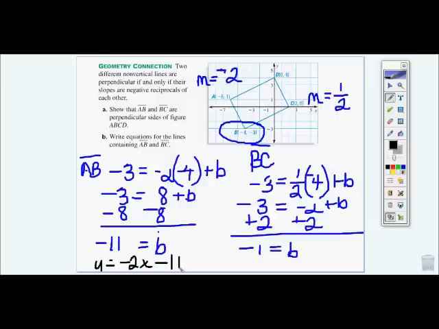And the equation for the segment BC would be y equals 1/2 x, and that's -1. So those would be the two equations of the perpendicular lines that we can find just from the two of their points.